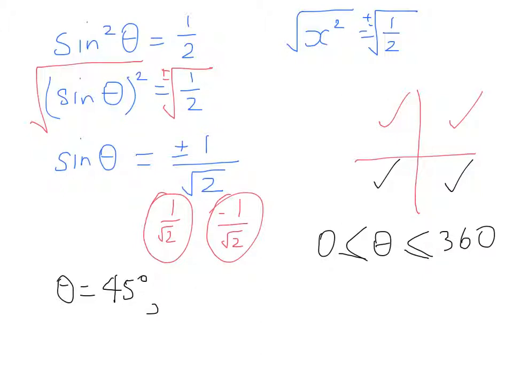Okay, well, I go 180 minus 45 is 135. 180 plus 45 is 225 degrees, and then the other one is 360 minus 45, which is 315 degrees. Now, if you go check all those in your calculator, if you put in sine of 45 or sine of 135 or sine 225 or sine 315, and then square your answer, you will get a half. And we will have solutions in all 4 quadrants there.